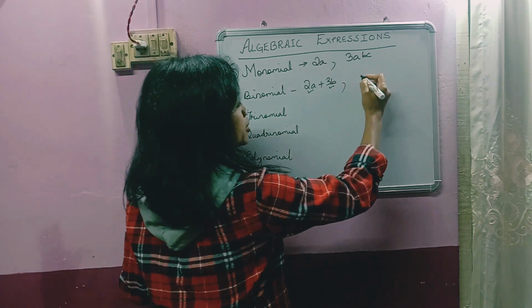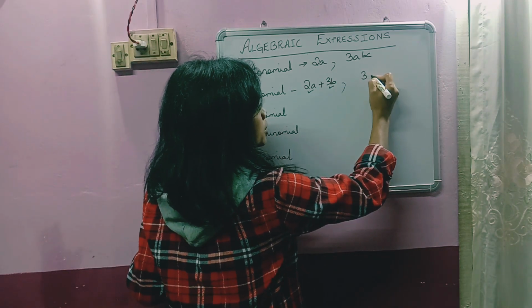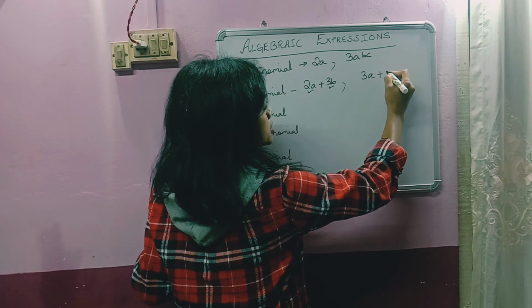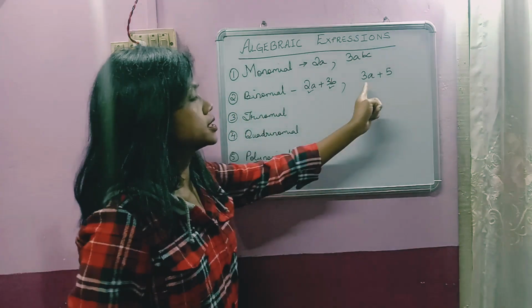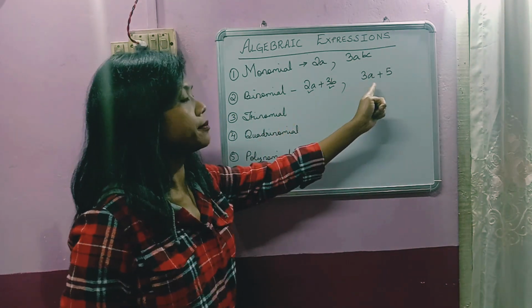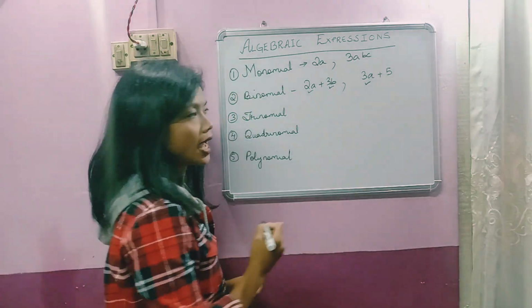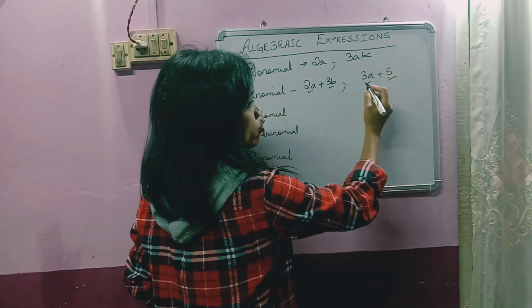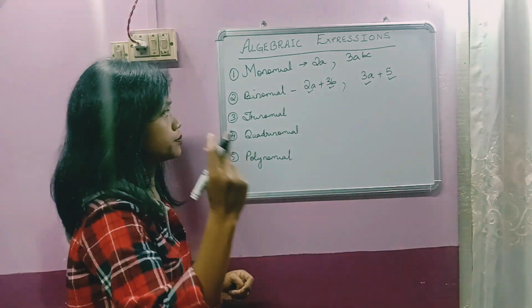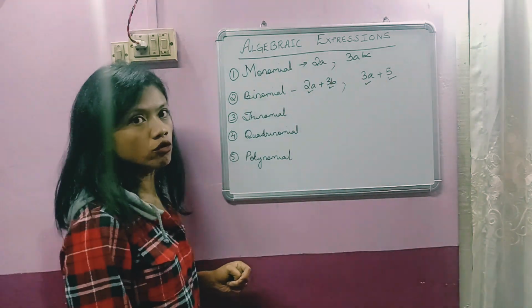Another example I may give you, 3a plus 5. This is also a binomial. Why? Because it has two terms. First is 3a, and another one is 5. So 1, 2, two terms, which means it is called a binomial.